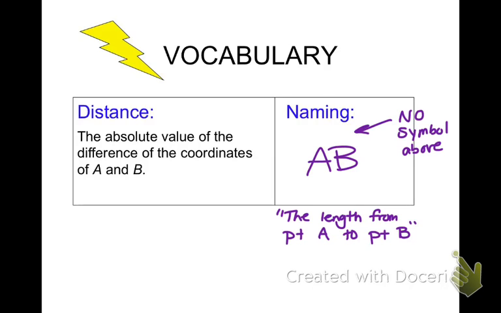So if we see just AB or just CD or just BF, whatever the two letters are, with nothing above, then we're looking for the distance. My answer should be some number. Okay? All right. Is everybody good?